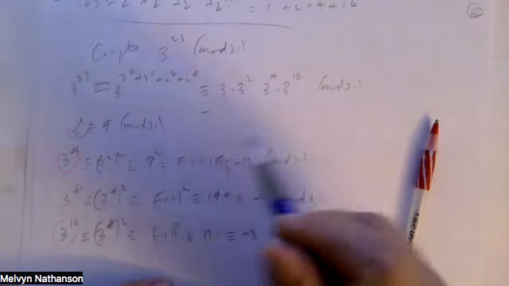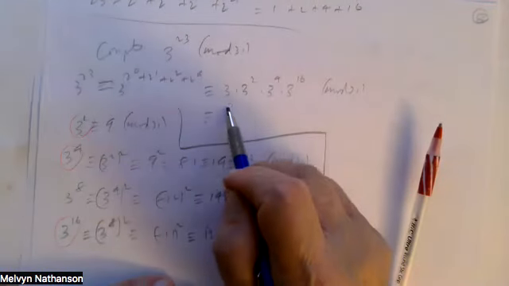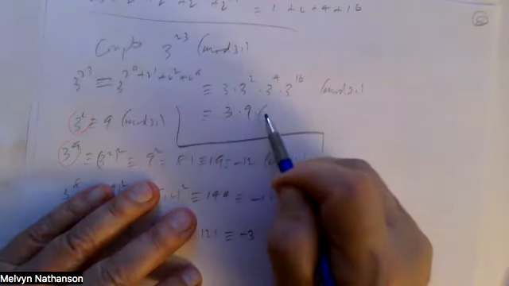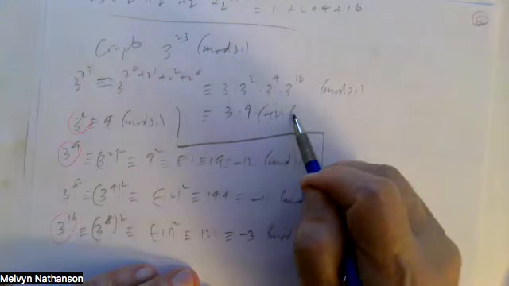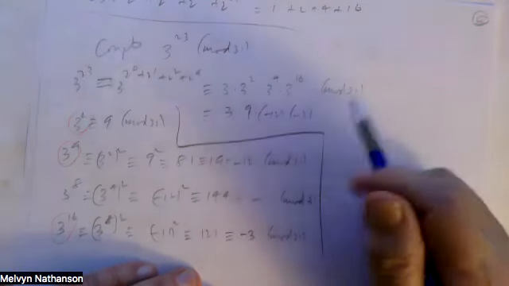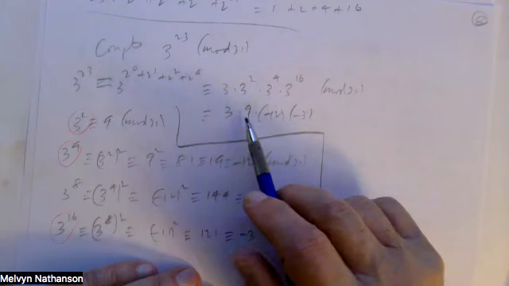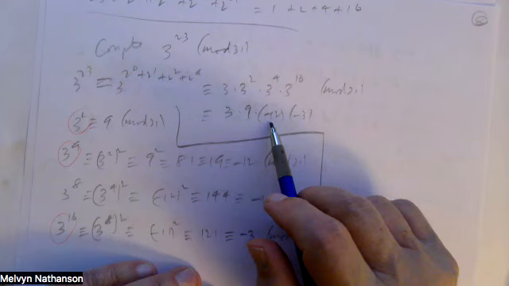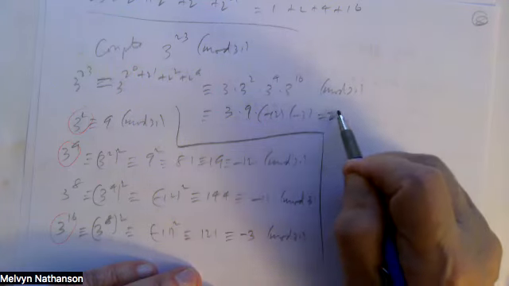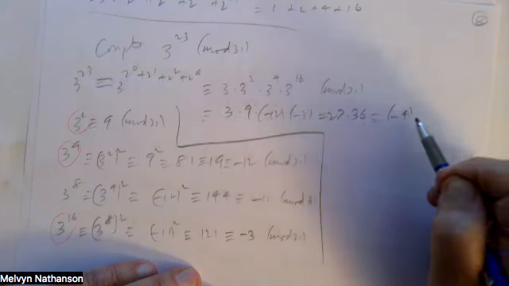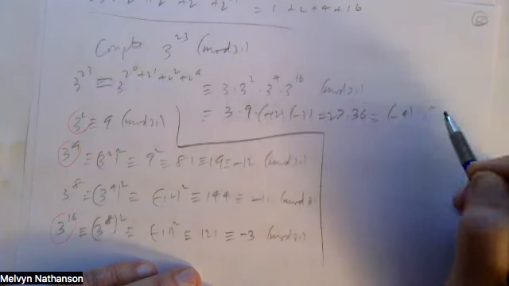So this is congruent to 3 times 9 times minus 12 times minus 3 mod 31, which is what? 3 times 9 is 27, minus 12 times minus 3 is 36. 27 is like minus 4, and 36 is like 5.